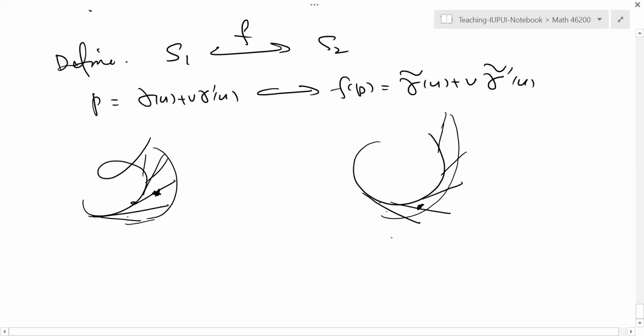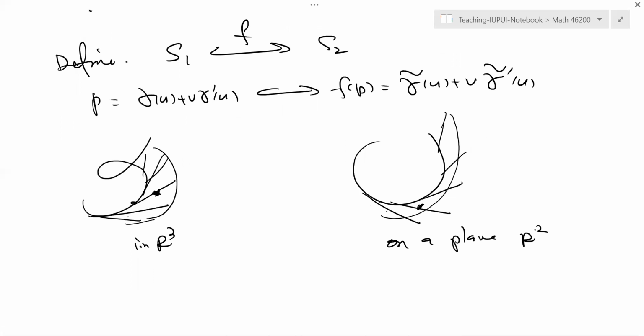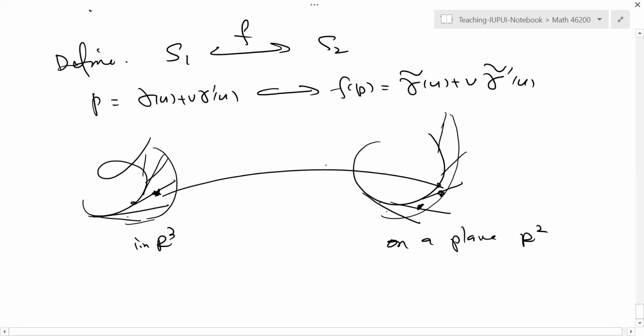This is a portion of the plane in R2, and this is in space R3, right? So this point is assigned to that point, it's f.